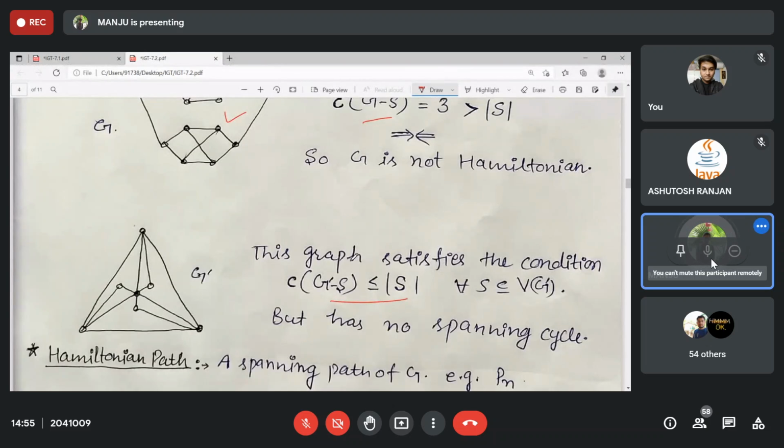It means, if there is a graph G dash for which the number of components of G dash minus S is at most the cardinality of S for all S, if you pick any set of vertices and this condition holds, but this graph G dash is still non-Hamiltonian, then for that condition, the converse is not true. Clear?